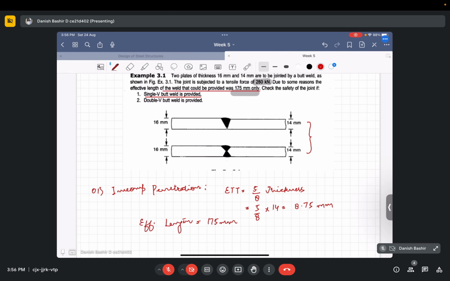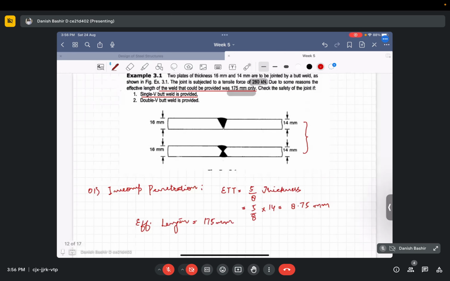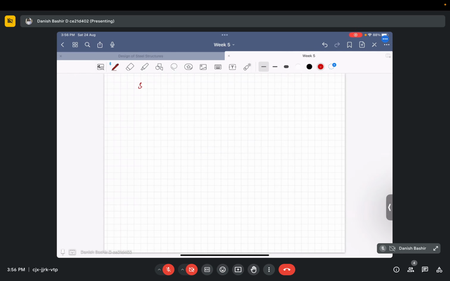So the strength of the weld is the effective area, which is the effective length times the throat thickness, L times T, times the allowable stress sigma D. We have to take sigma D from the code as 150 megapascal.